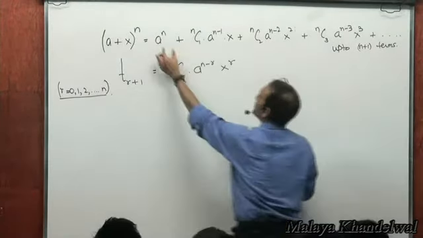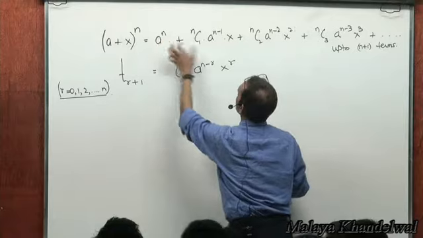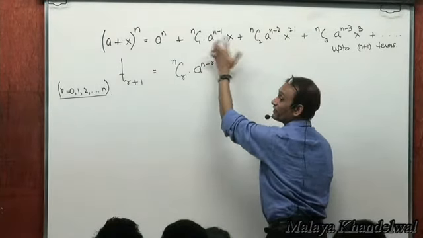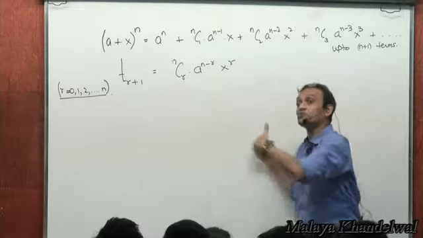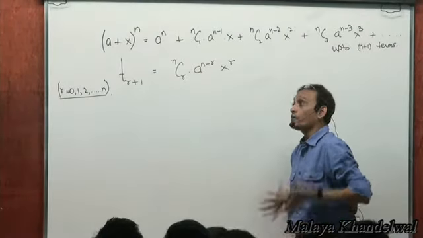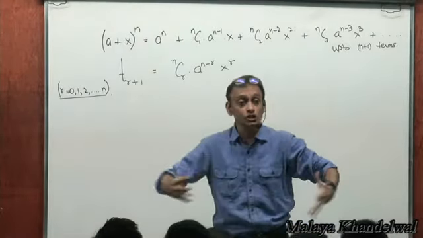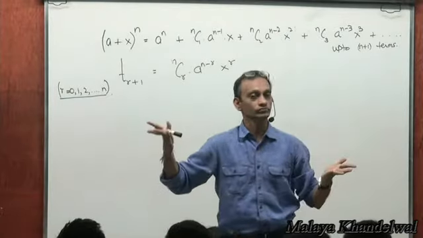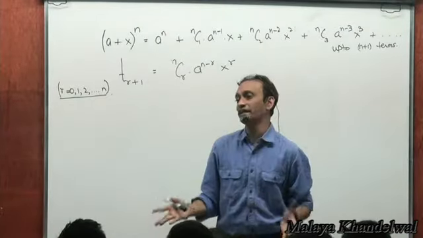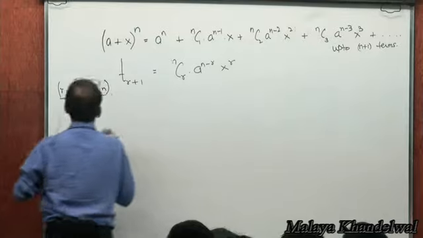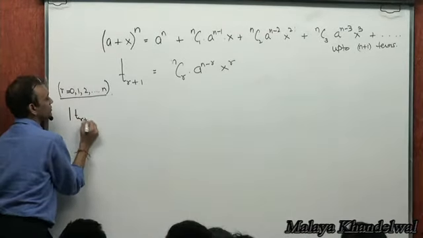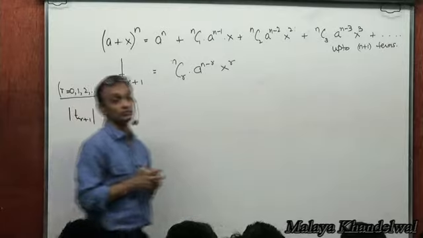The first term will have a value a^n, the second term will have a value nC1 a^(n-1) x. Different terms will have different values. I want to find in this collection of n + 1 elements the term that has the greatest value, numerically the greatest value. That means I want to find the magnitude of the greatest term.